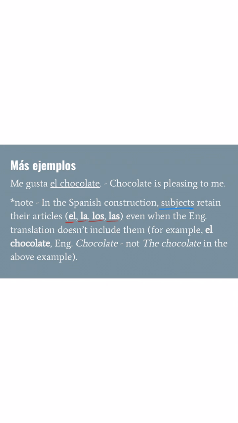All right? So looking up here at this top example for el chocolate, in English, we know this as chocolate, of course. It is not considered to be the chocolate in the above example. So I wouldn't say the chocolate is pleasing to me. No, just saying in general, chocolate is pleasing to me.